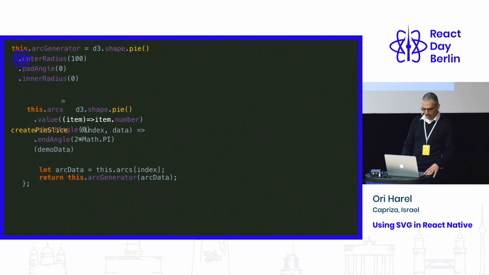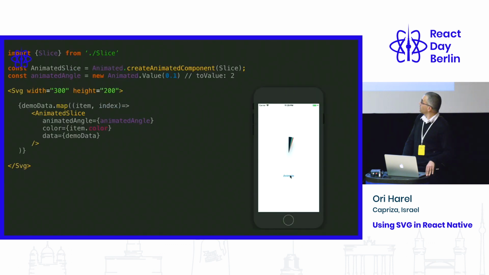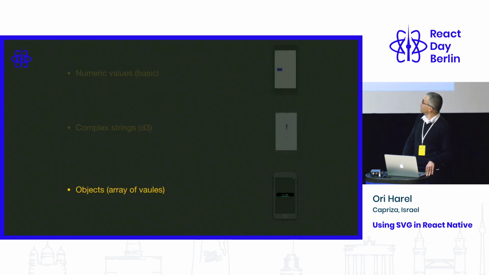And the create pie slice now looks like this. So it gets this animated value, and it just uses it inside the D3 API. So now you can animate charts, basically, in React Native. Oh, a lot of animation.